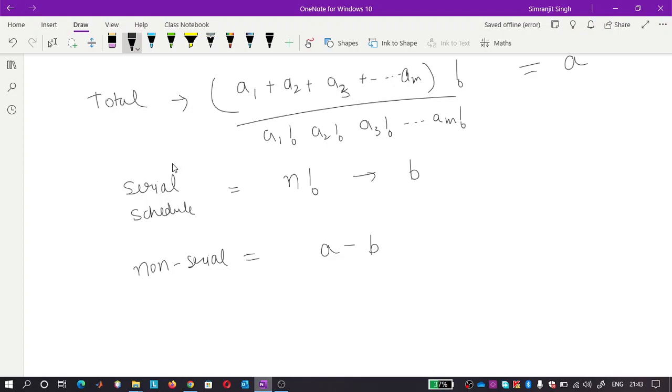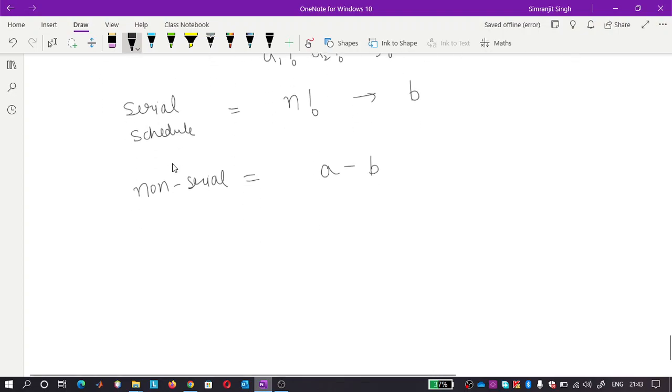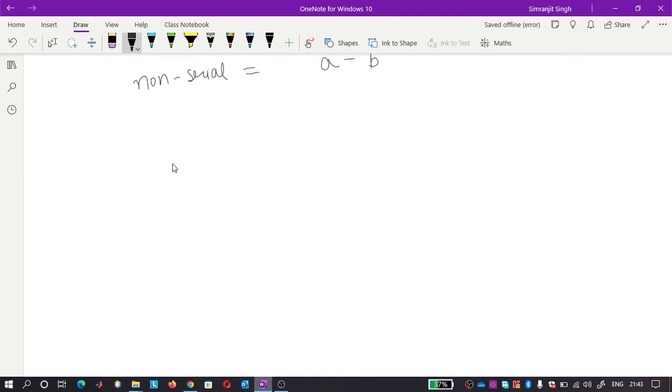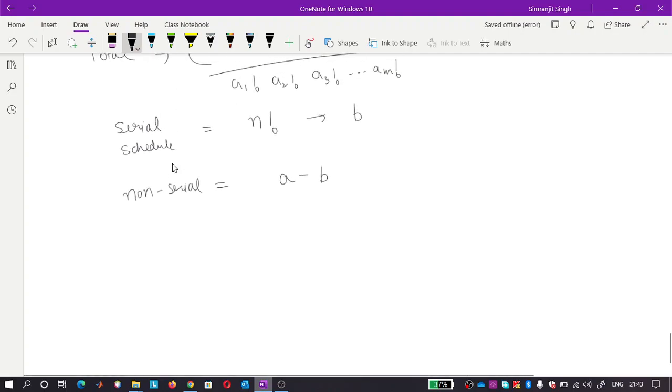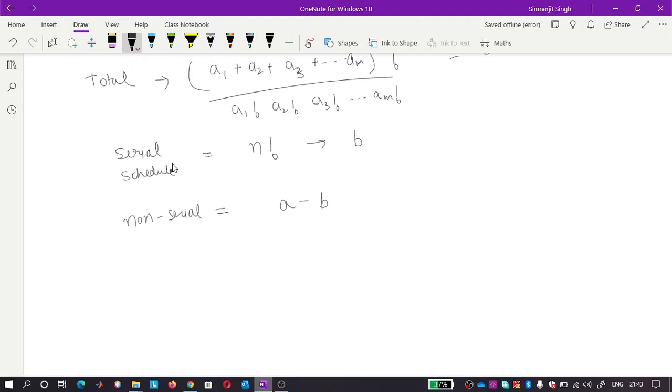If there is more confusion, I'll give you an example here. It will be clearer. Suppose there are 3 transactions, T1, T2, T3, and the respective operations given are 2, 3, and 4. I have to find all the things.